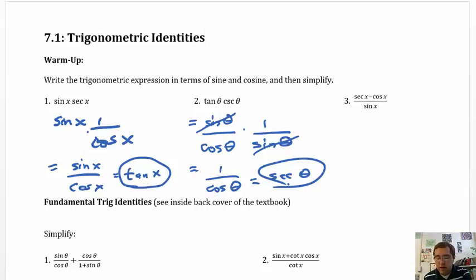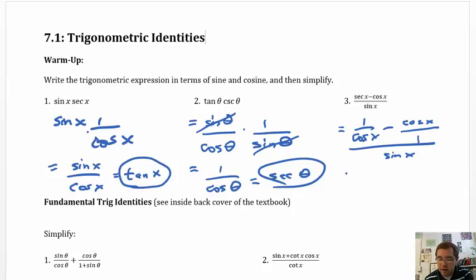Number 3, let's rewrite everything using sines and cosines. So secant of x is 1 over cosine of x, minus cosine of x over sine of x. All right, now we have everything in terms of sines and cosines. So how can I simplify this? Well, I can take what's in the numerator there, the 1 over cosine of x minus what's really a cosine of x over 1, and I can combine those into one fraction by getting a common denominator.